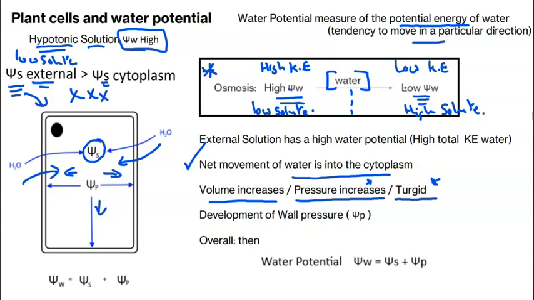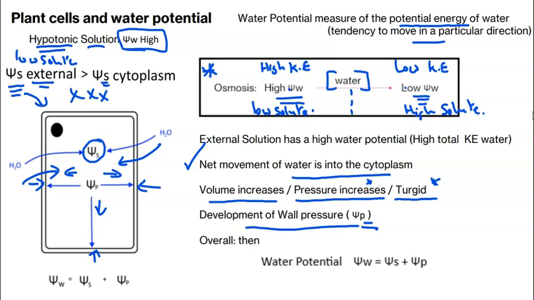And of course, according to the laws of physics, there will be an equal and opposite force pressing backwards. And this force, which is additionally created because of the strong cellulose cell wall, we call wall pressure, which is called psi P.